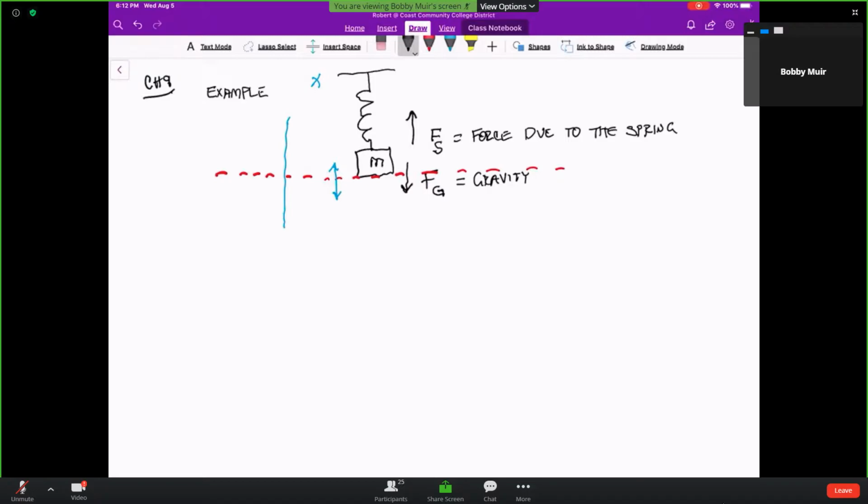A long time ago, at the time of Newton, one of his contemporaries named Hooke decided that the force that comes from the spring is going to be negative Kx, where, let's say, K is positive and x equals the displacement.